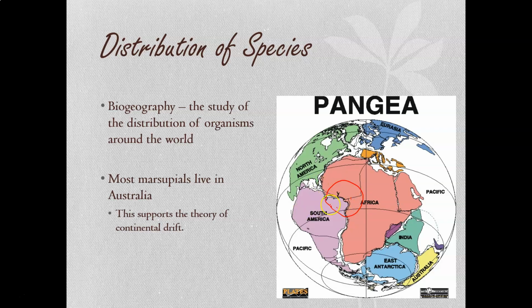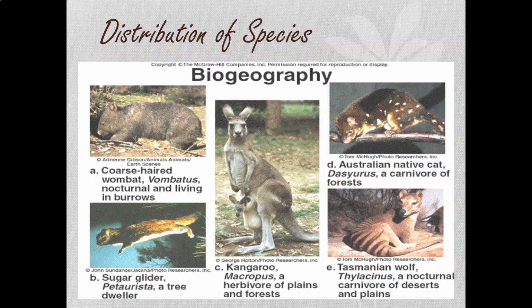As these things have pushed apart, any environmental change that occurred here changed this species, same thing over here. And so this is the idea of biogeography, the study of the distribution of organisms around the world and how their evolutionary connection is also tied to the fact that Pangaea used to exist.